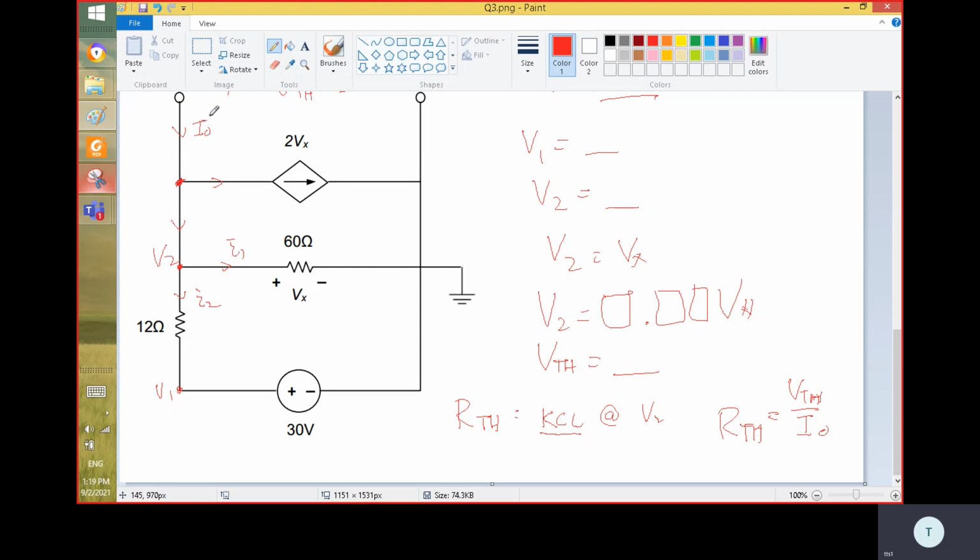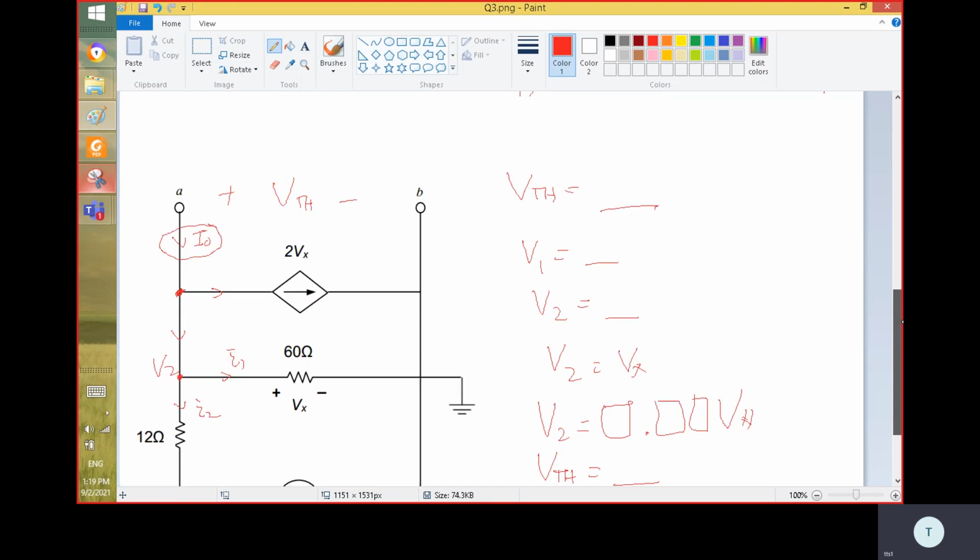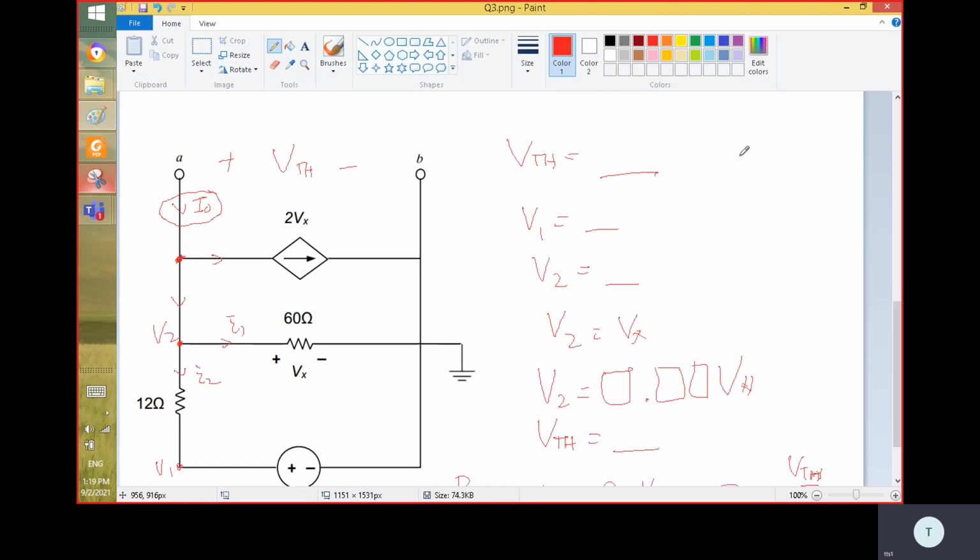So if we assume this is I out here, because in the Thevenin circuit we have this VTH, and then we have this Thevenin resistance, and then here is the output terminal to connect to our output load, right? And then let's say we have one current called I out here.